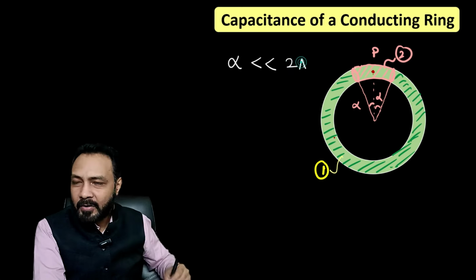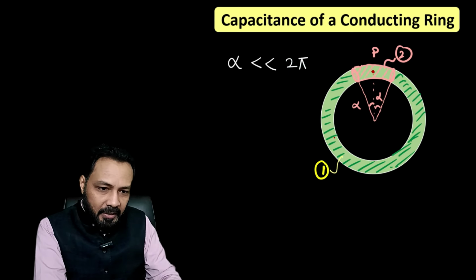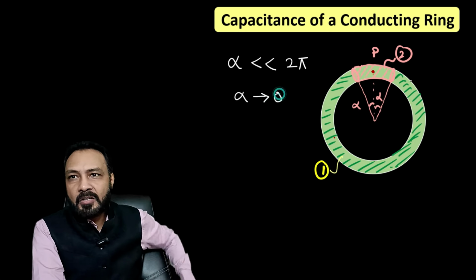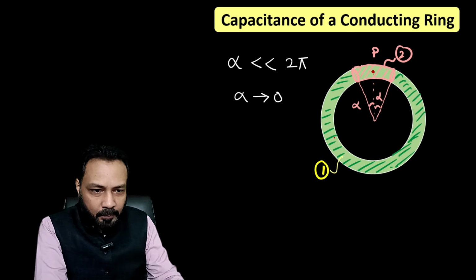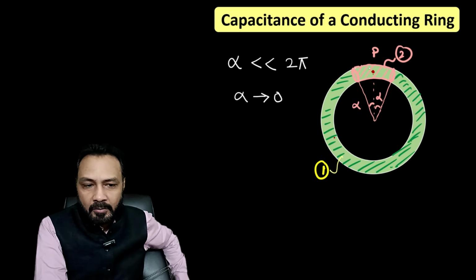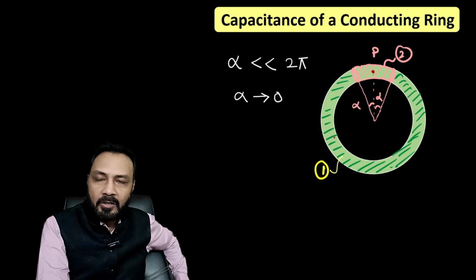Obviously alpha is very small, so I can also write alpha tending to 0. So this is a very infinitesimally small part 2, and the other part is 1. The purpose of taking this infinitesimally small part 2 is to avoid the singularity that will come at P.